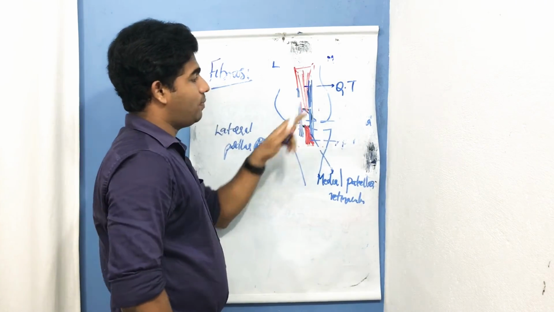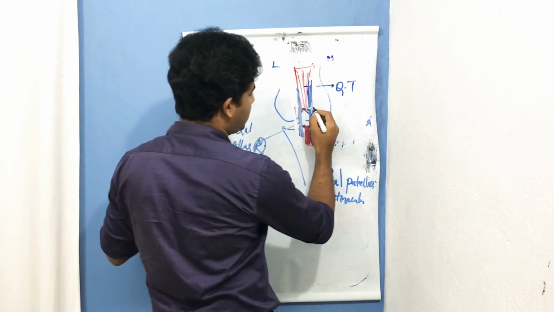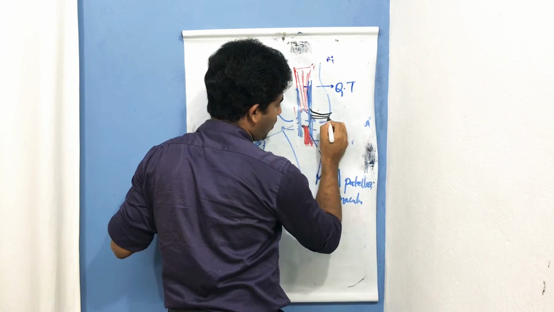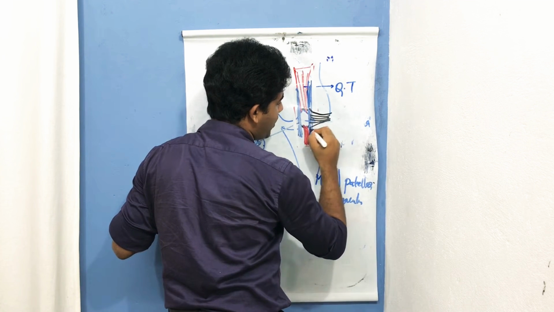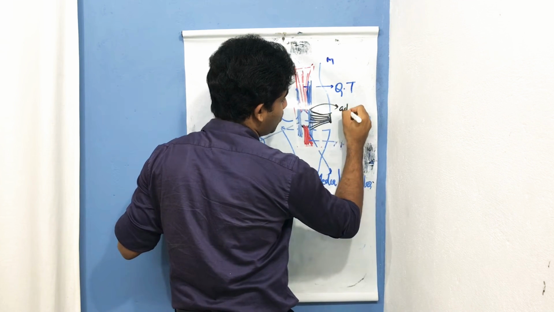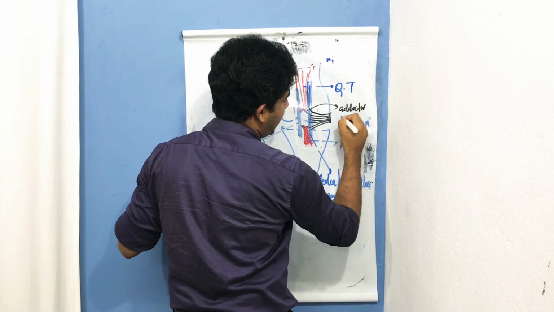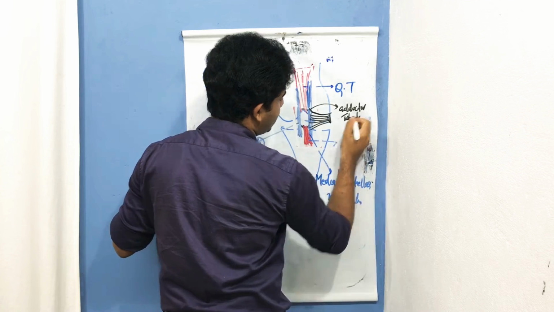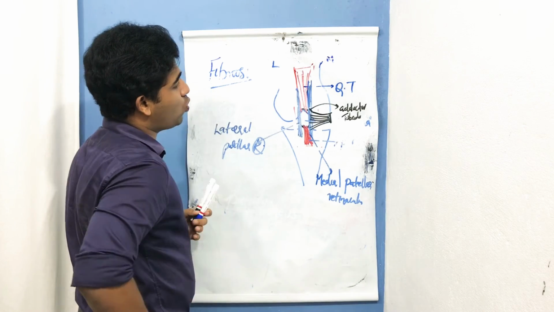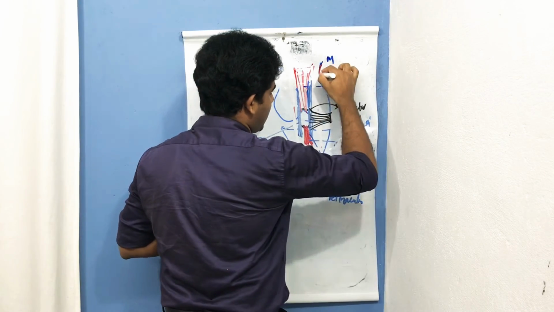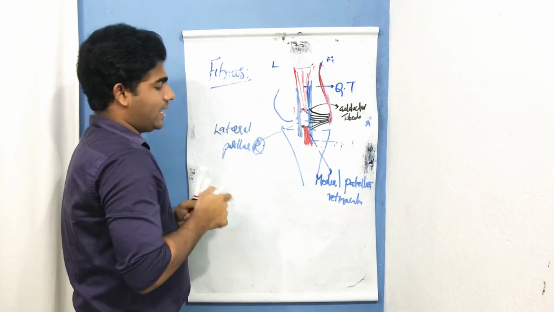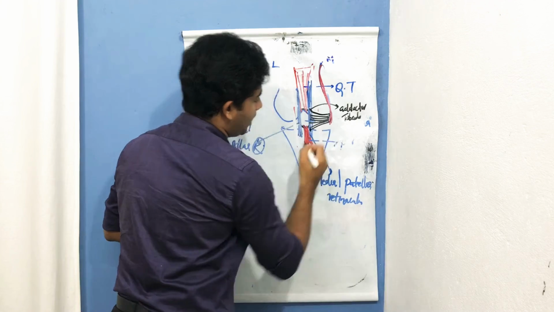It has an additional thickening which arises from the adductor tubercle and is attached to the muscle in the medialmost compartment, your vastus medialis muscle, and finally attached back onto the patella.